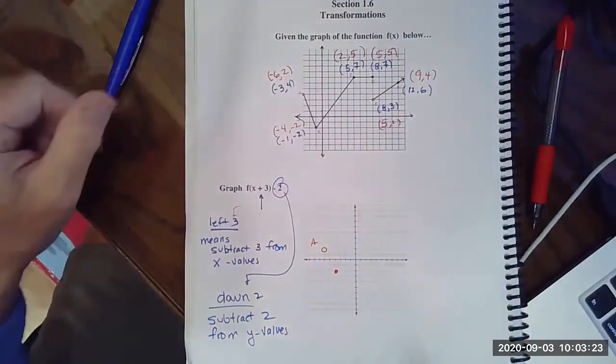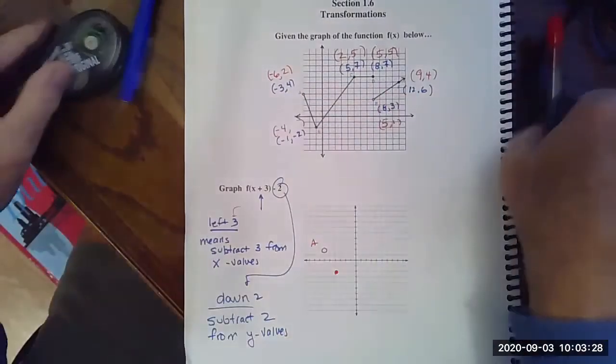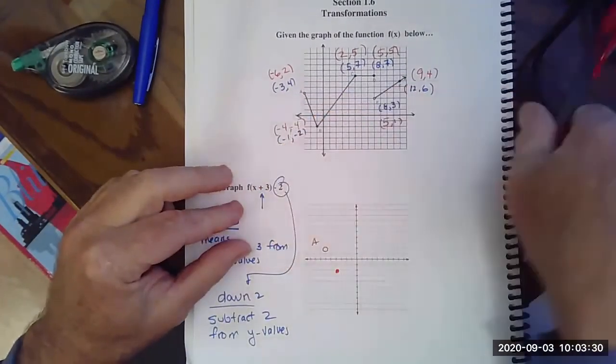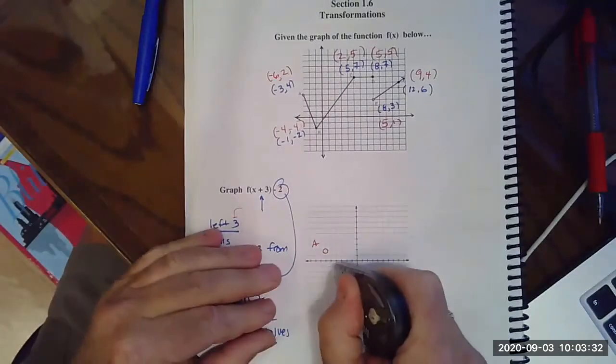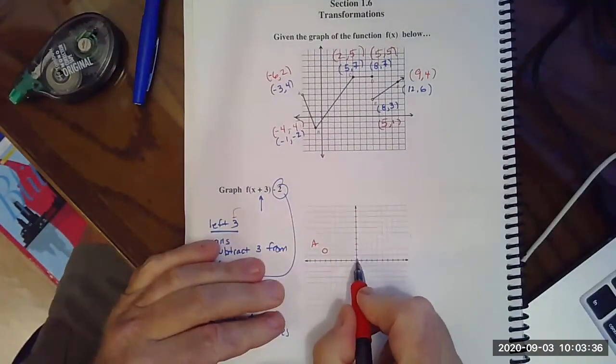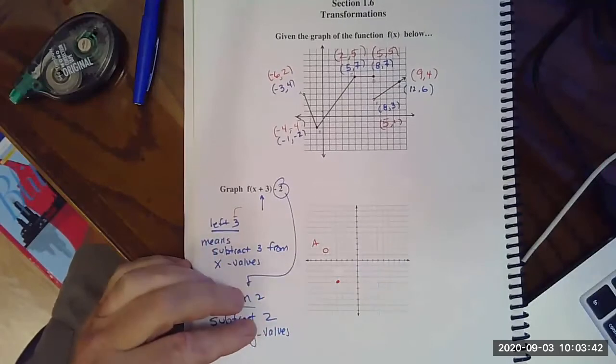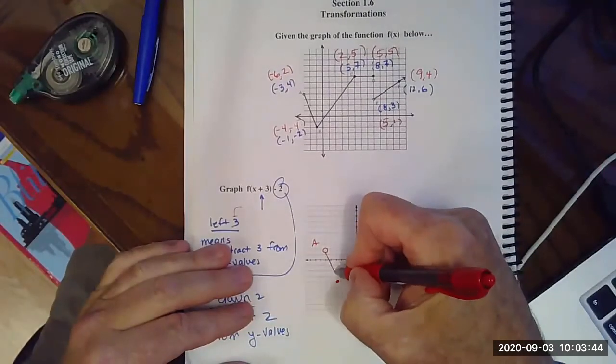I didn't do this one. And this needs to be -4. So thanks for stopping me. That'll change this one here, of course. So -4, comma -4. So -4, -2. And then connect the dots. So you connect the dots.